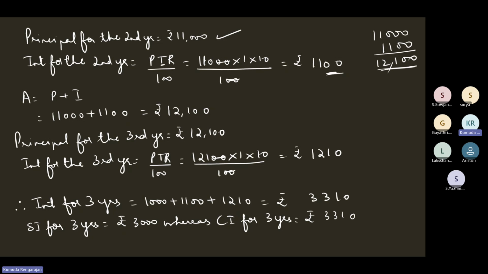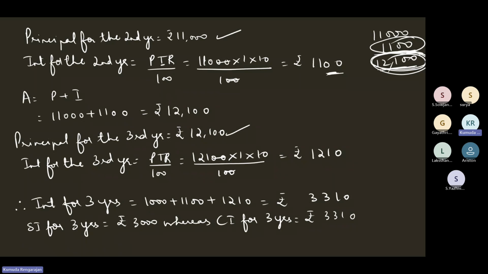So this will be taken as the principal for the third year, because this is your money. Now this interest is your money. So at the beginning of the third year, this is the principal, the money in your account, 12,100.